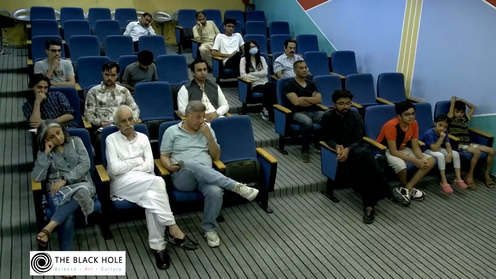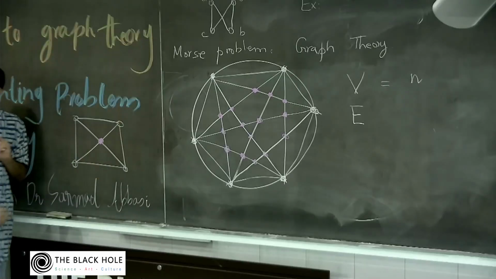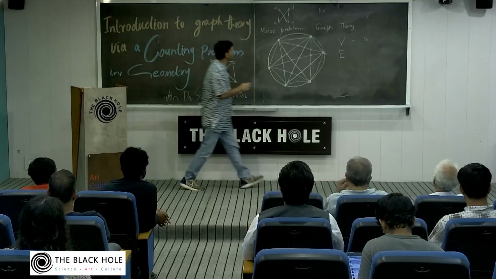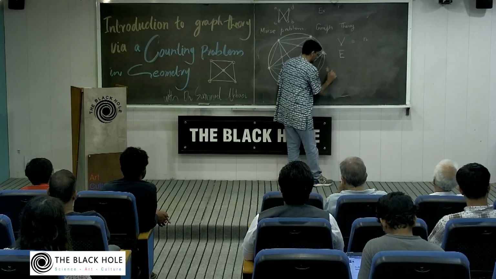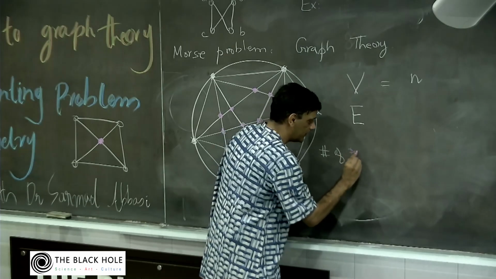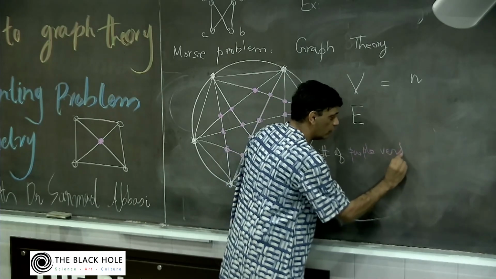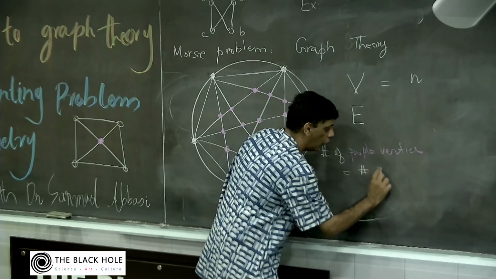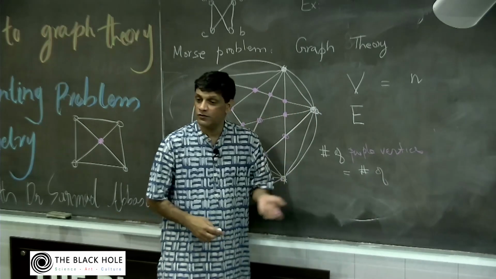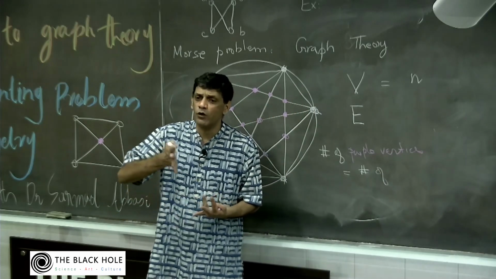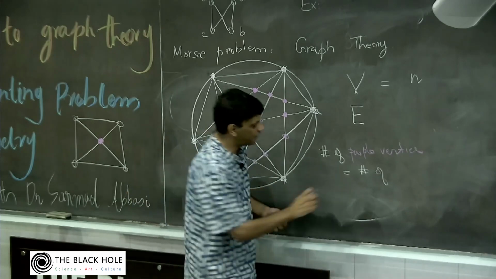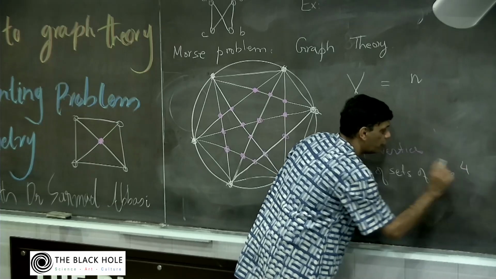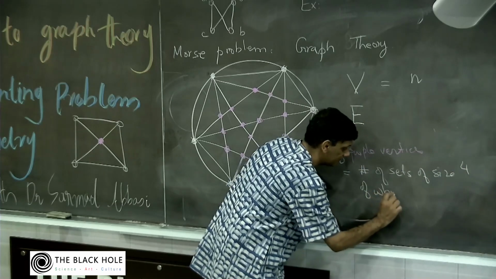And if you have a crossing, it takes you to 4 unique white vertices. So the number of purple vertices should be equal to the number of sets of size 4 of white vertices.